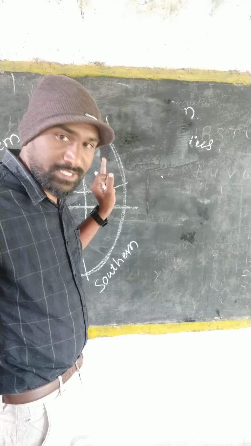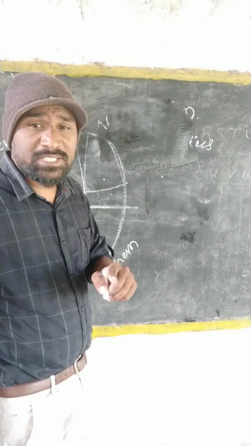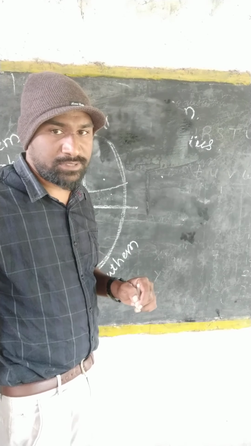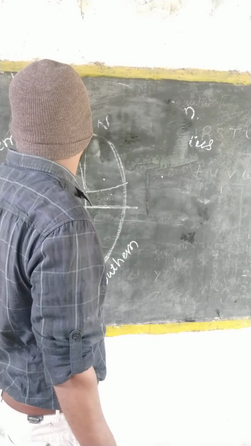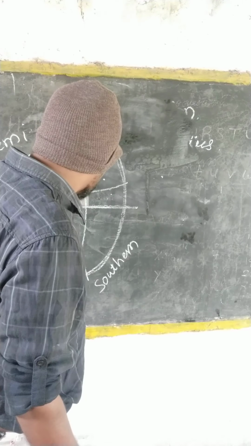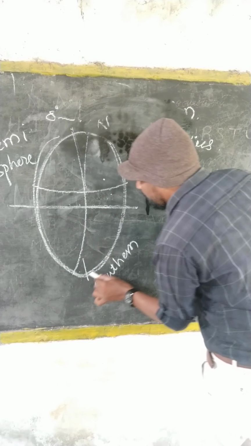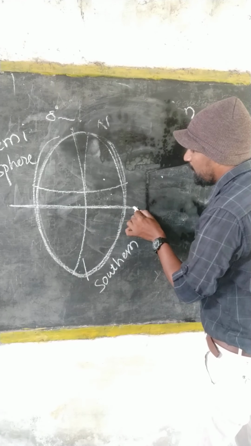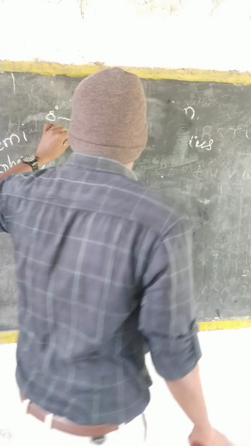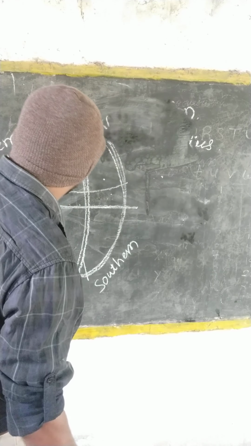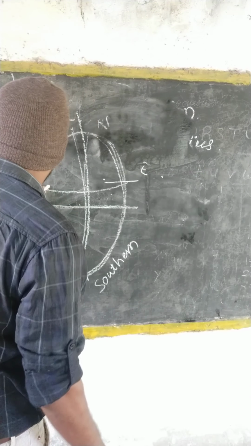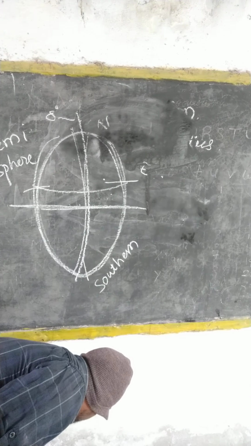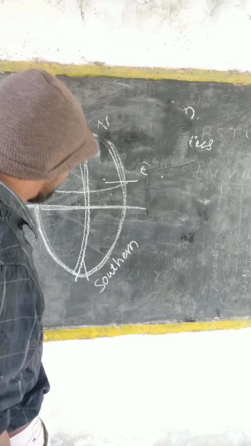It is in the Asian continent, and they have also clearly mentioned the longitudes, right? It is from 8 degrees to something. Once again we divide the sphere. Earlier we divided the sphere into halves, north and south.